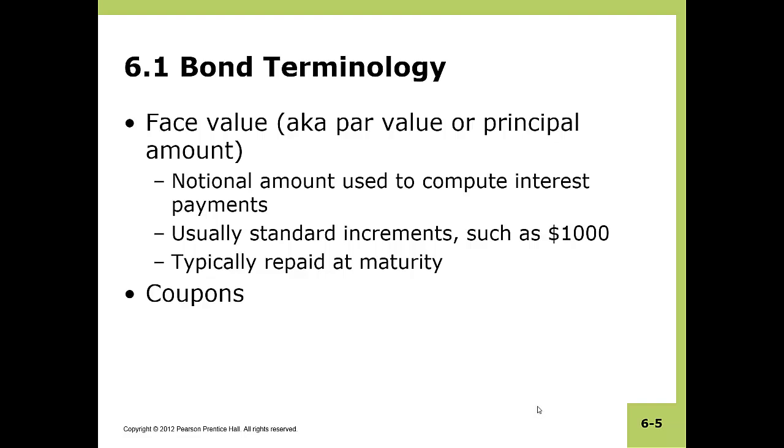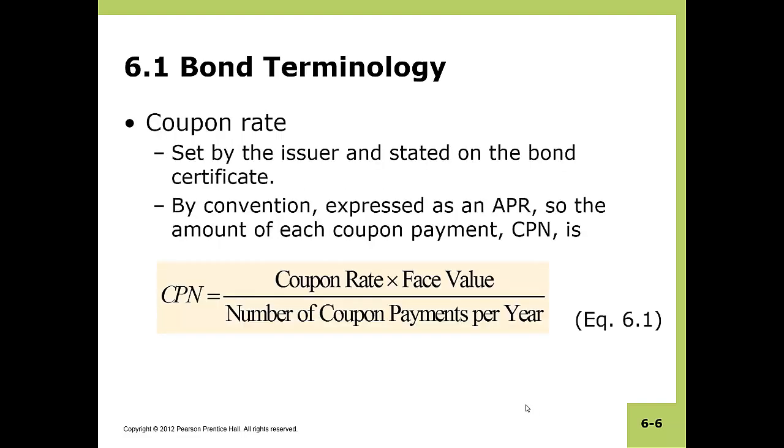The coupons are really the interest payments. The coupon rate, as I've already alluded to, is stated on the bond certificate. It's set by the issuer, it's stated on the bond certificate, and it stays the same. Now that doesn't mean the market rate stays the same, but the amount of actual interest they pay, the cash amount, is stated as an interest rate.